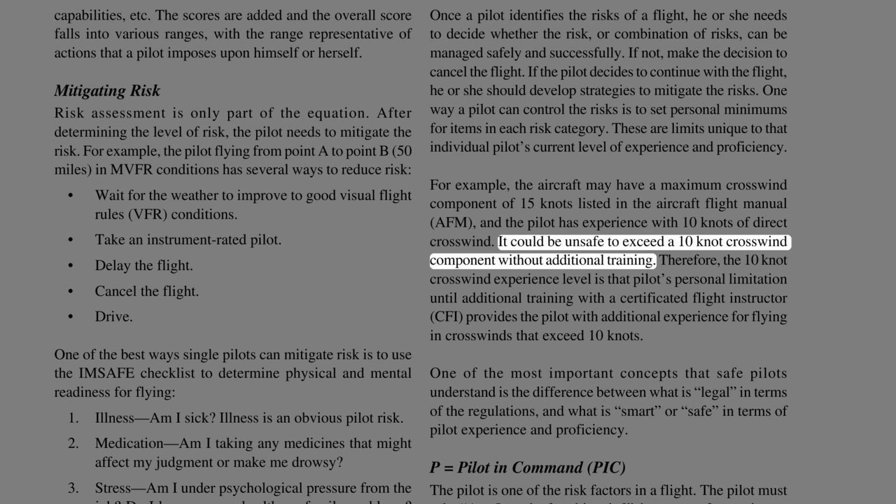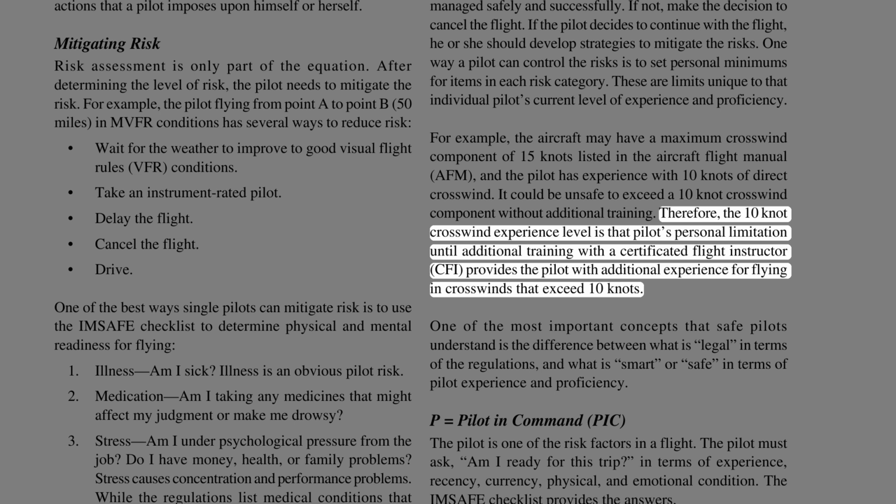It could be unsafe to exceed a 10-knot crosswind component without additional training. Therefore, the 10-knot crosswind experience level is that pilot's personal limitation until additional training with a certificated flight instructor (CFI) provides the pilot with additional experience for flying in crosswinds that exceed 10 knots.